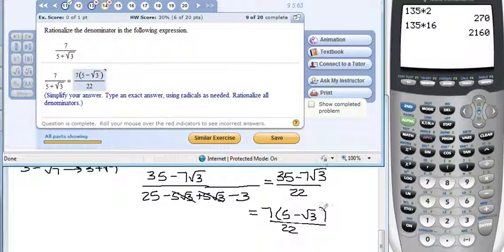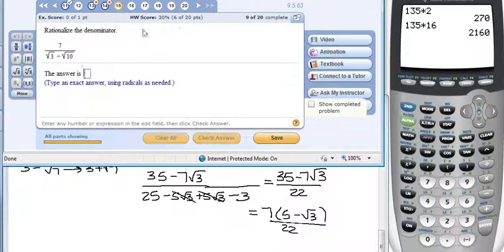But these two things, to me, are six of one, half a dozen of the other. They're exactly the same, and I would not consider one to be better than the other. So that's the problem with MyMathLab, is you just really struggle with the final form of the answer.